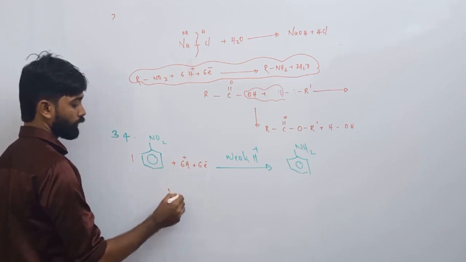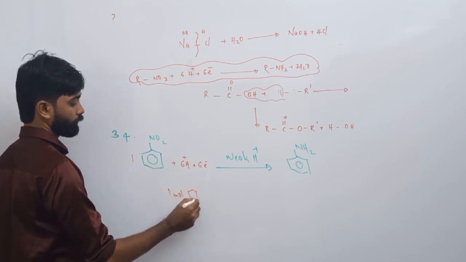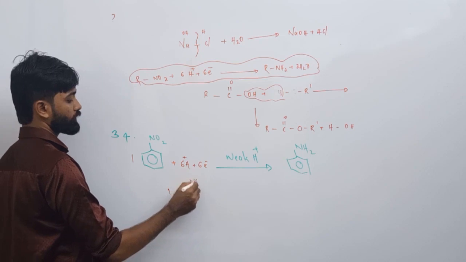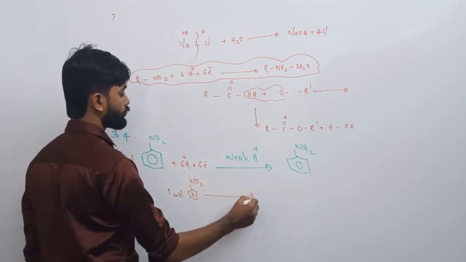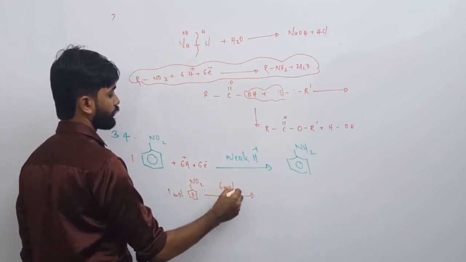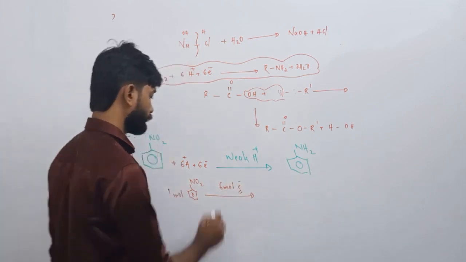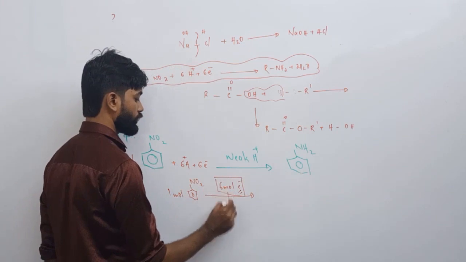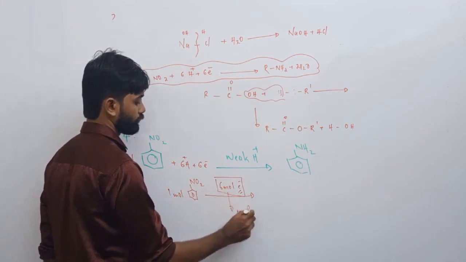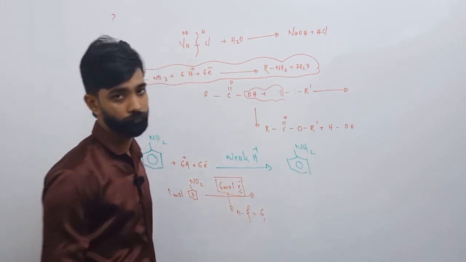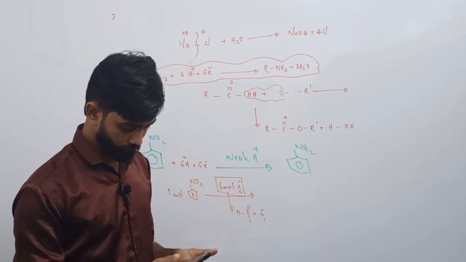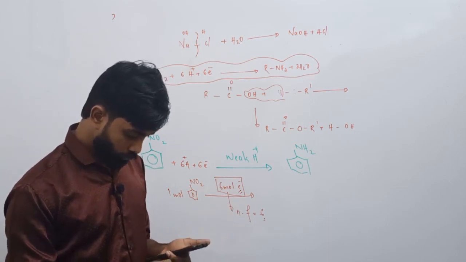So for 1 mole of nitrobenzene, it requires 6 moles of electrons. What is the N factor? It is 6. Ready. Moving to the next question.